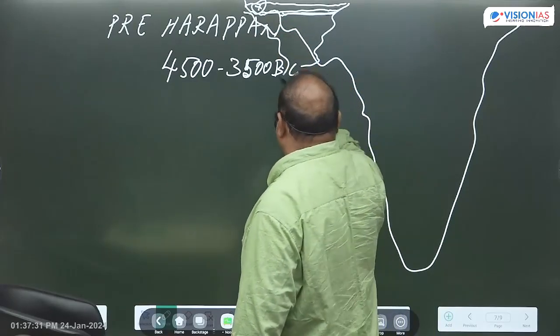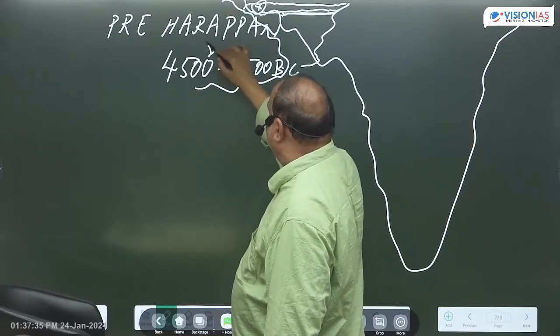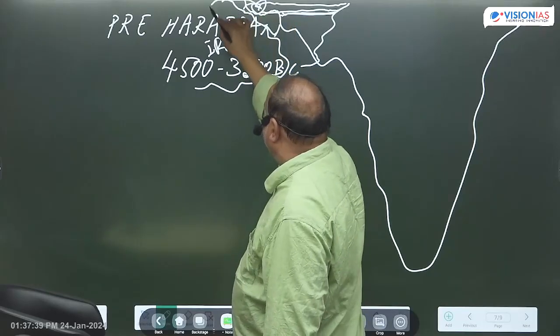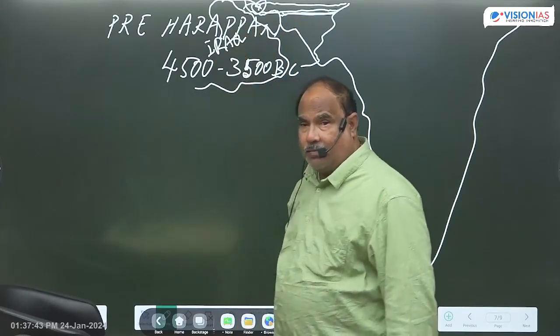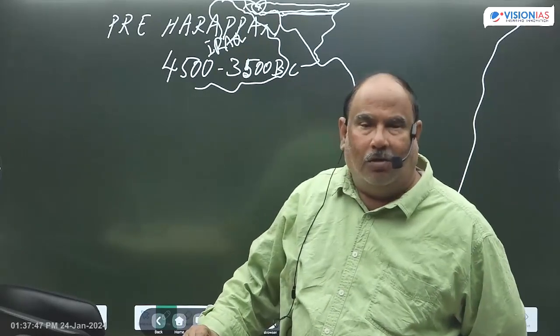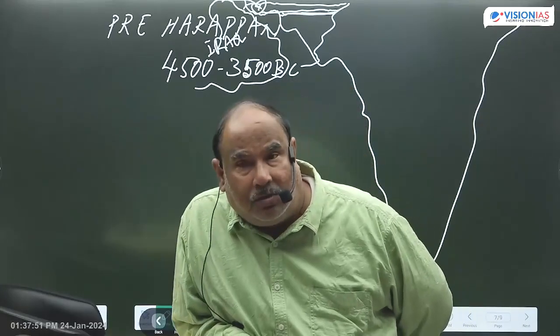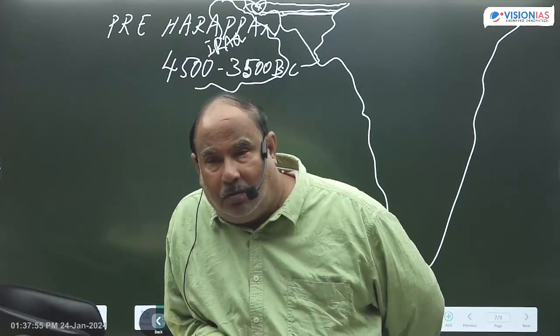This entire part is Persian Gulf. You have here Iraq. You remember Mesopotamia, Iraq. I told you Mehergarh maintained contacts with Mesopotamian civilization. I gave you the statement. Mehergarh, the Neolithic site responsible for Indus Valley civilization.